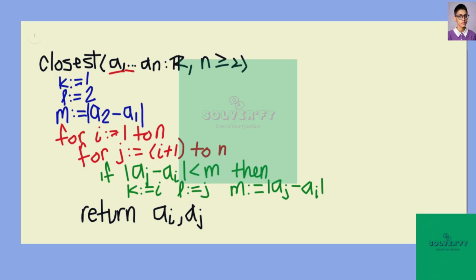Okay, and then it wants us to do the same problem, but with a sorted list. Okay, so in this case, we're still looking for the closest, but we're sorting it, so I'm going to call it closest sort.